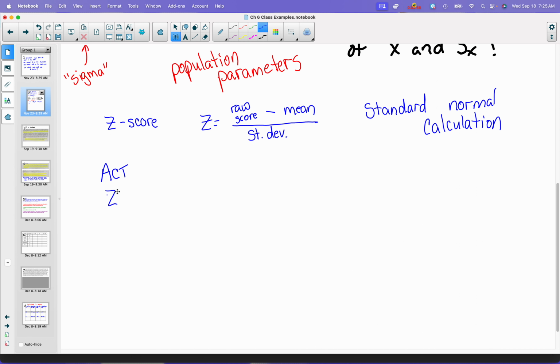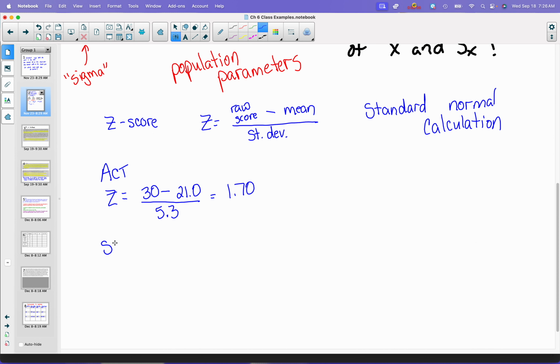So for the ACT, to calculate the z-score, I take the raw score, which we had was 30. I subtract the mean, which was 21.0. And I divide by the standard deviation, which was 5.3. Now, typically we would round to 2 decimal places if we need to round. So I have 1.70.